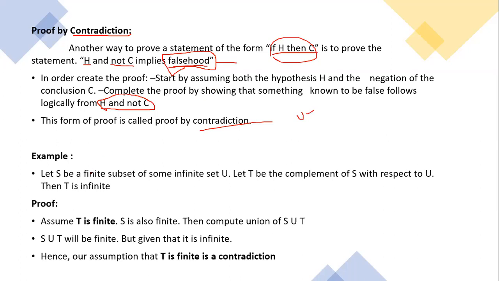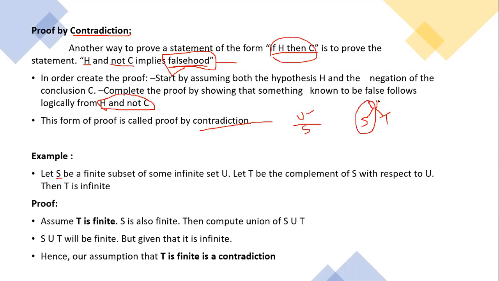I'm taking another set S, which is a finite set. And let T be the complement of S. Complement of S means the remaining part of U. U is the whole set, and S is a subset of it. I can say T is the complement of S, that means the remaining portion of U. Some portion is defined in S.